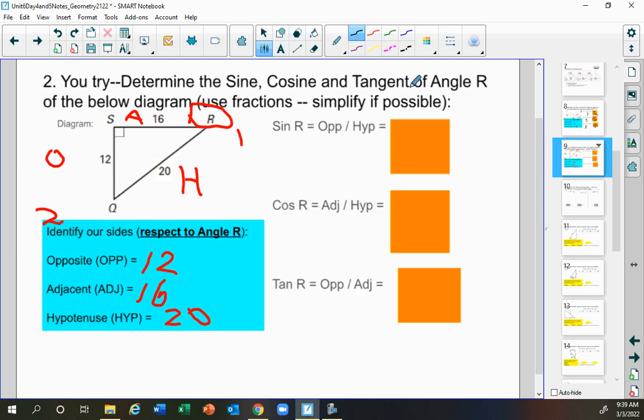Okay. So what do we get for the sine of R? Well, you can give us the original numbers first. 12 and 20. 12 over 20. Now, can 12 over 20 be simplified? Okay, 0.6. That's fine.